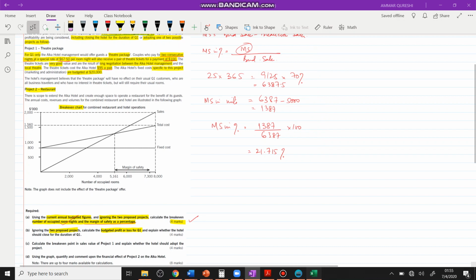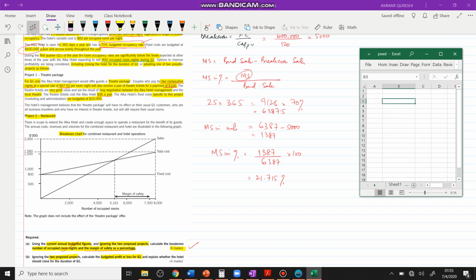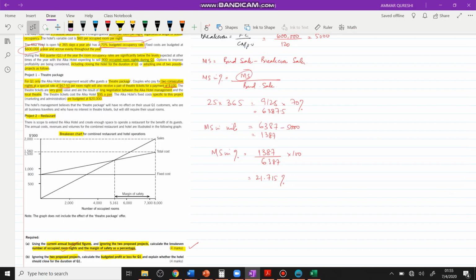If you want to calculate profit or loss, you have to start with the budgeted sales, right? Now, what will be the budgeted sales? You don't have to consider these two projects. Keep this in mind. So what is the sales volume for quarter one? 900 units, multiplied by what? What is the selling price?